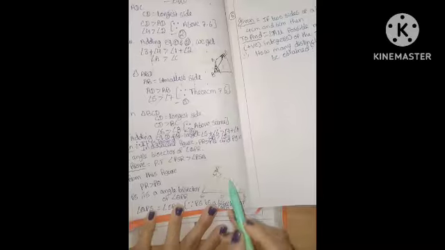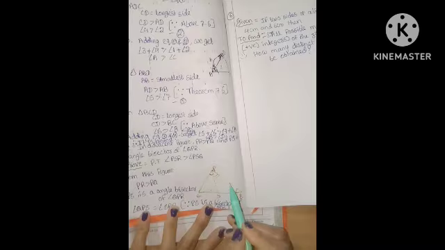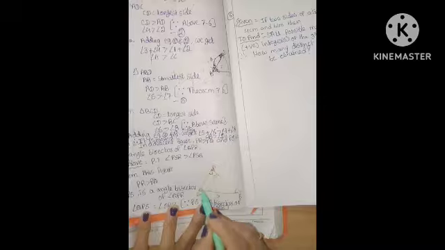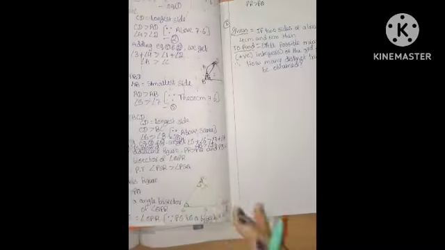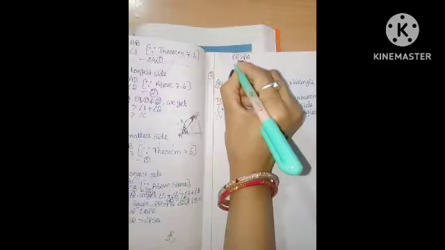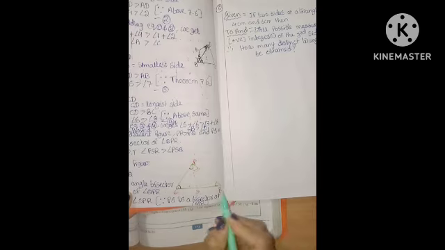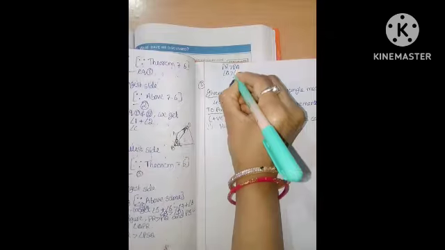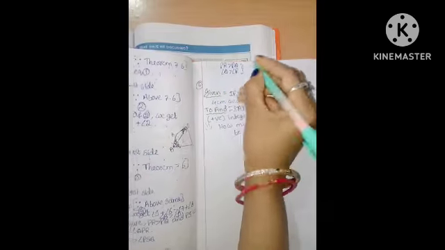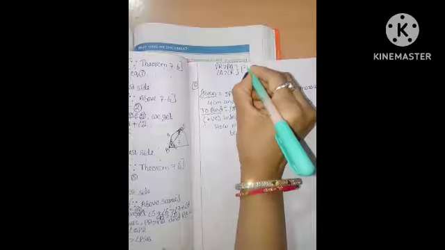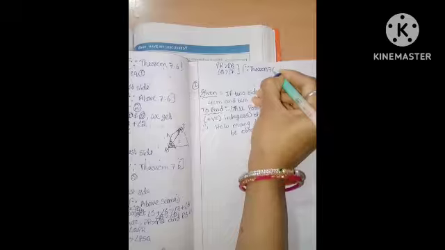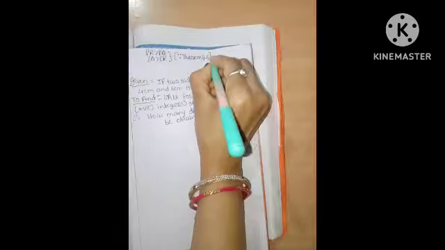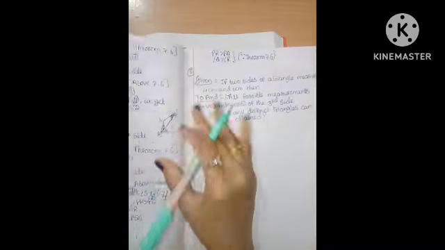Here PR is the longer side, and its opposite angle is angle Q. The opposite angle of PQ is angle R. So we are using theorem 7.6 in this problem.